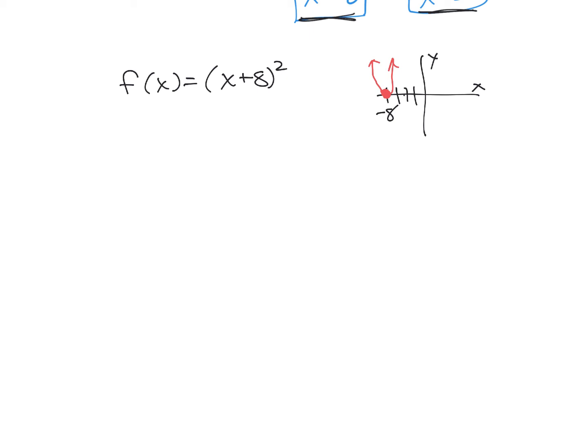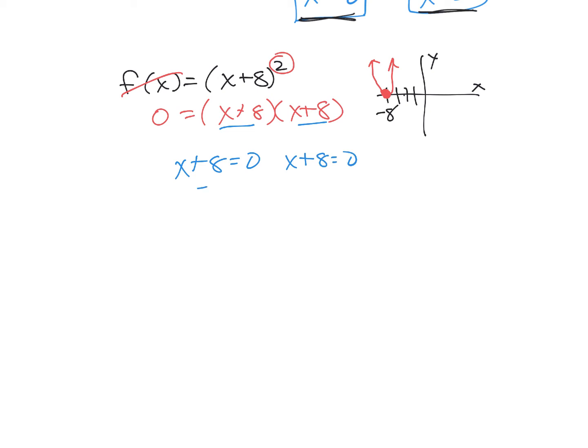The reason is that this power of 2 means this is x plus 8 times x plus 8. We're setting this equal to 0, so I set my binomial x plus 8 equals 0, and my other binomial x plus 8 equals 0. Subtract 8, and so x equals negative 8, and it will be negative 8 on this side as well.